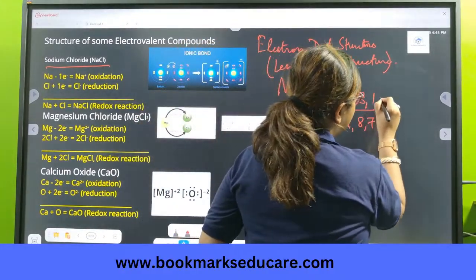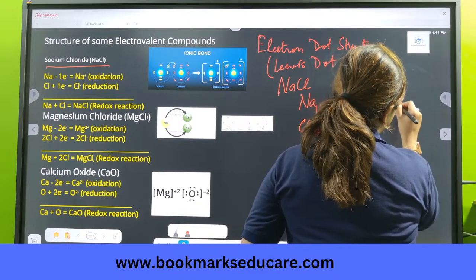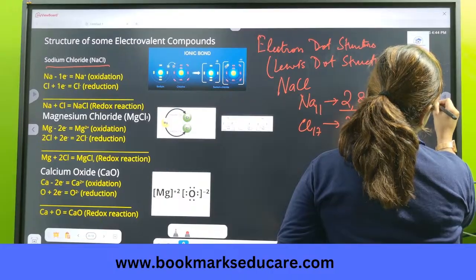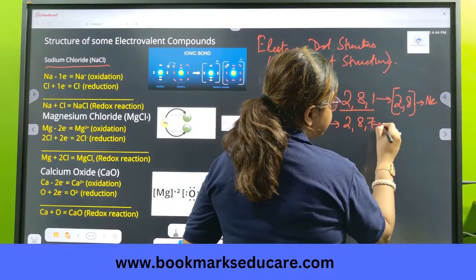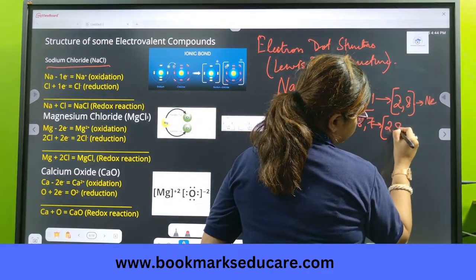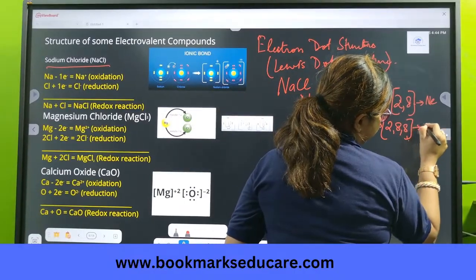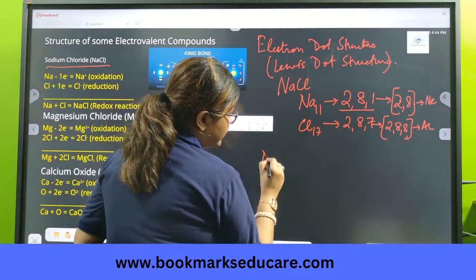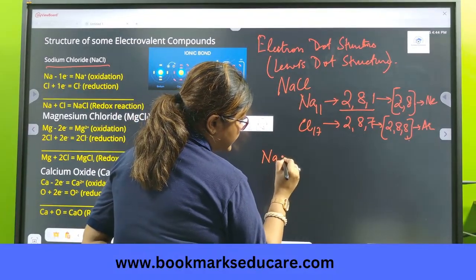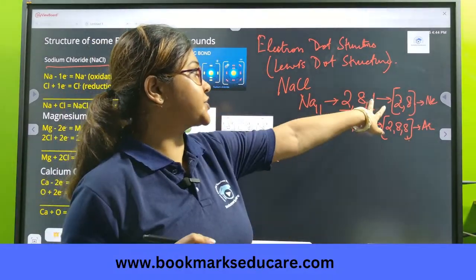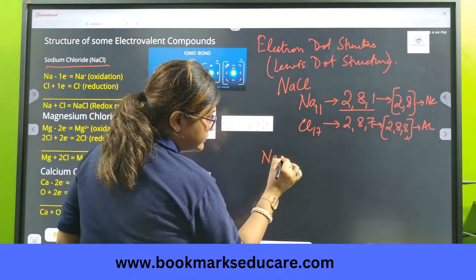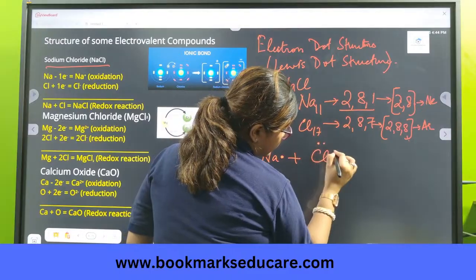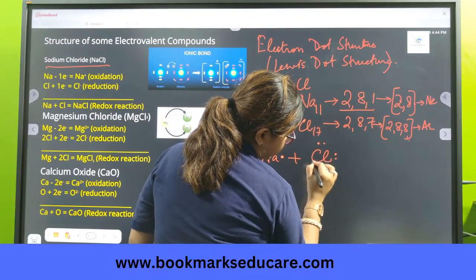So they will try to attain a stable configuration, that of neon and that of argon, right? In the outermost valence shell, sodium has 1 electron, plus chlorine has 7 electrons.